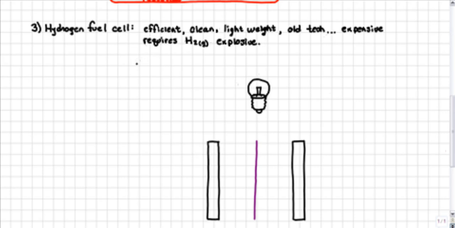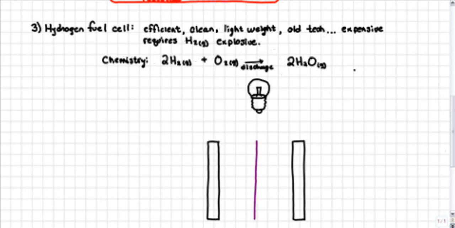Now, the chemistry couldn't be simpler. The chemistry of the fuel cell is simply that two hydrogen gas molecules combine with one oxygen gas molecule. That looks fairly simple. And as it discharges, it produces water that is warm enough to be released as a gas, but you could think of it as a liquid.